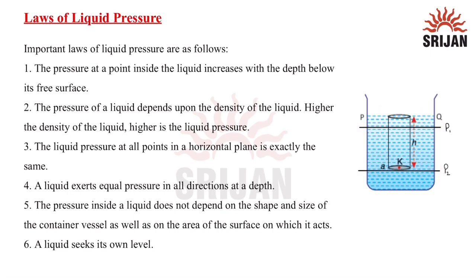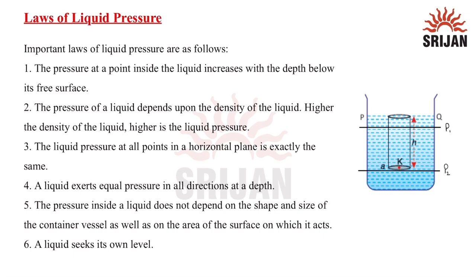Fourth, liquid exerts equal pressure in all directions at a depth, which means that if I place a cube over here, then the cube will experience pressure from all directions equally. Fifth point is that pressure inside a liquid does not depend on the shape and size of the container vessel as well as the area of the surface on which it acts.